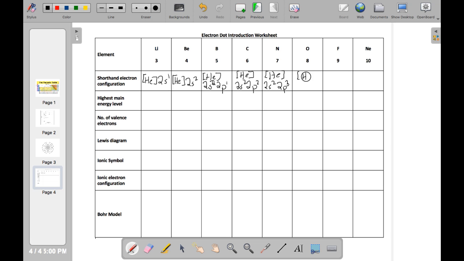This is sort of like when you zen out and just sort of concentrate. Then 2s2, 2p4, helium 2s2, 2p5. Now let's think about this for a brief second.